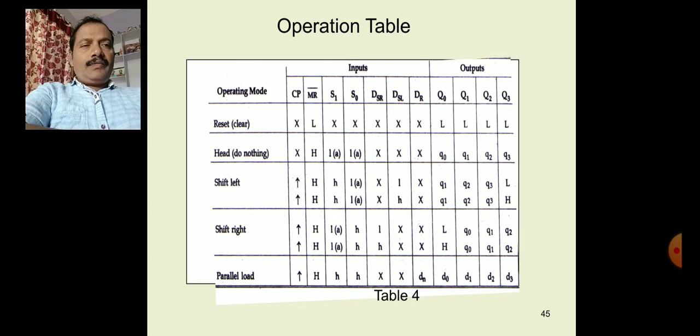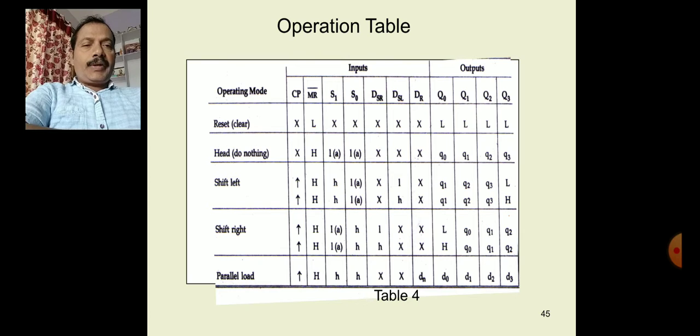That is, from Q0 to Q3, all the outputs of the flip flops are cleared whenever it is reset. And next, whenever it is high, if there is no clock pulse at all, then the universal shift register holds its previous values only.